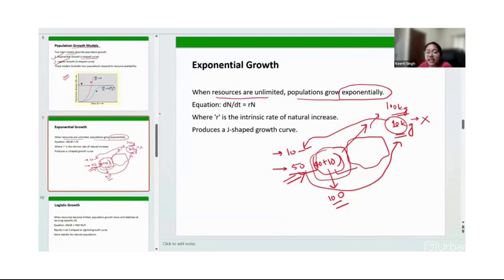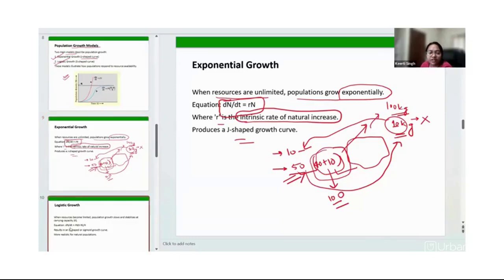And this can be described in the form of this equation: dN by dt equals rN, where r is the intrinsic rate of natural increase. And this is going to produce the J-shaped curve, right? This we will discuss using that picture.